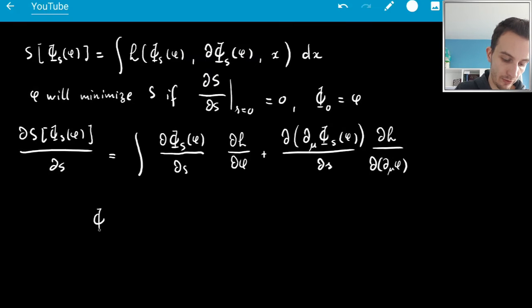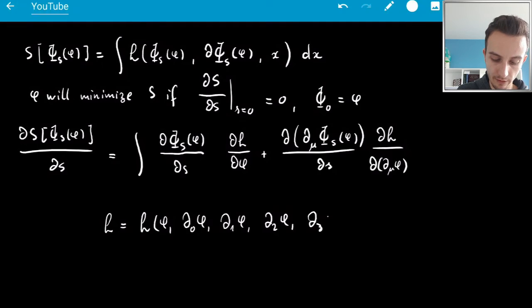But this is just a way for me to write that L is actually L of phi, d0 phi, d1 phi, d2 phi, d3 phi, x, and then obviously dL will be a vector.